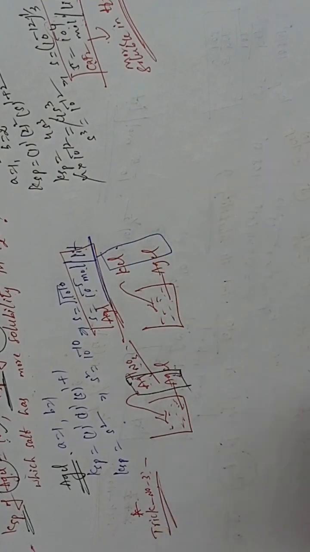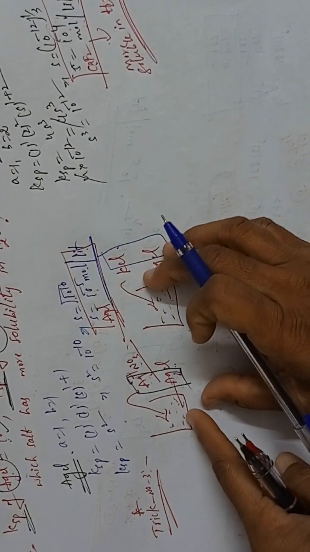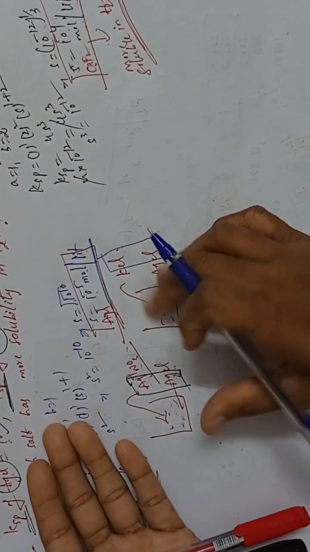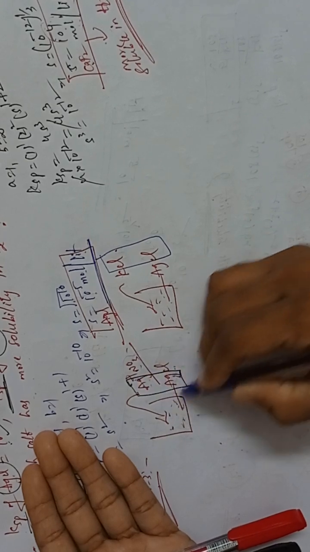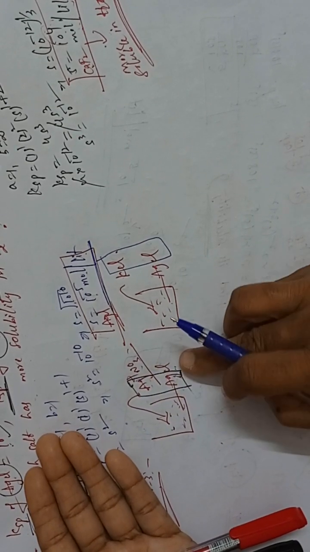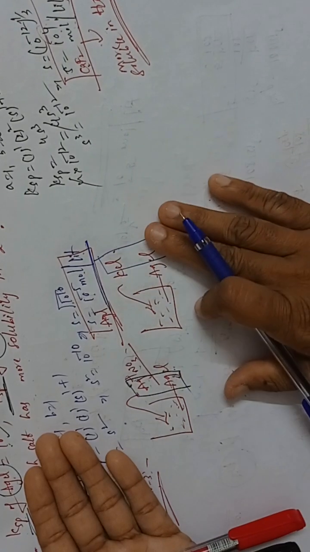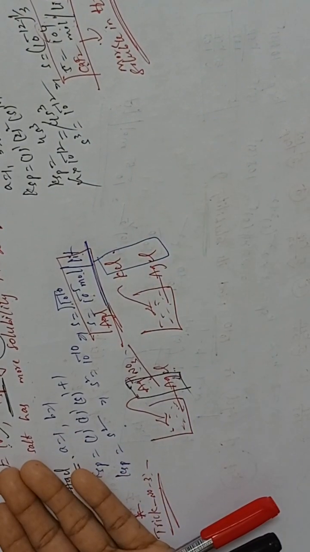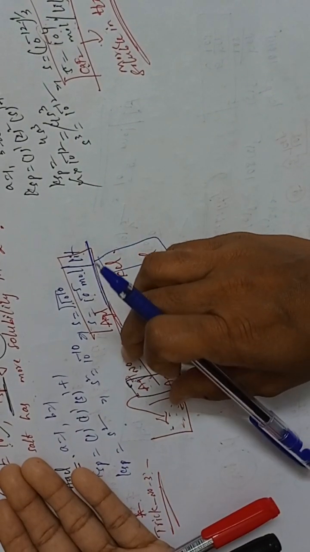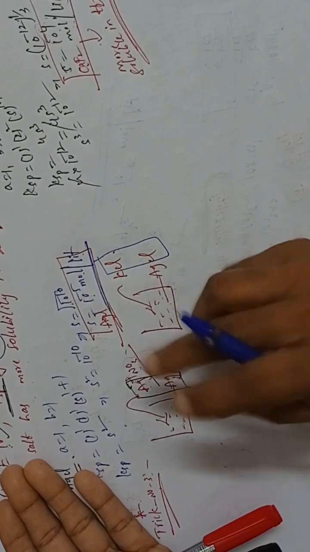So you have to remember in this trick: whenever a strong electrolyte is added to a weak electrolyte solution, the weak electrolyte's solubility decreases. Understanding? Here just remember, students, the common ion effect.